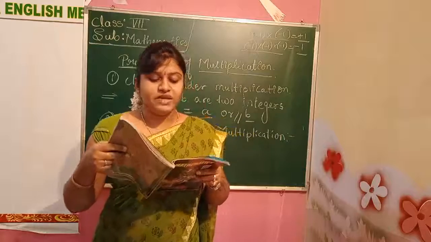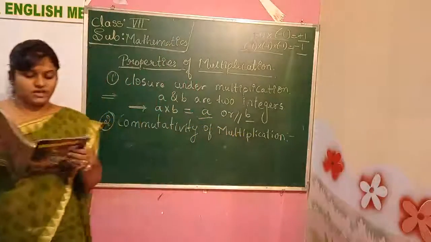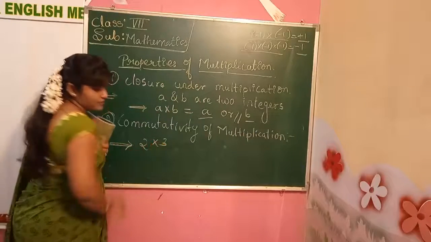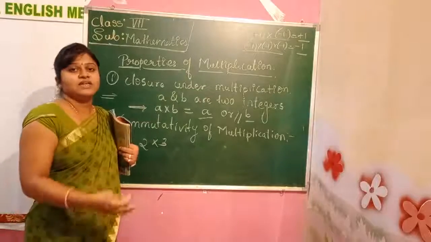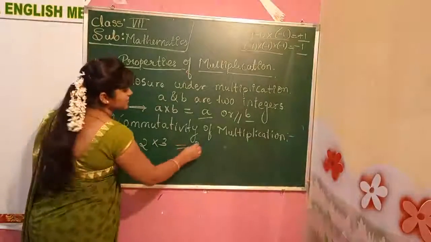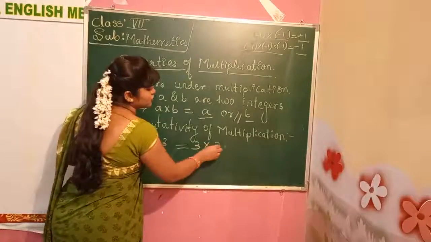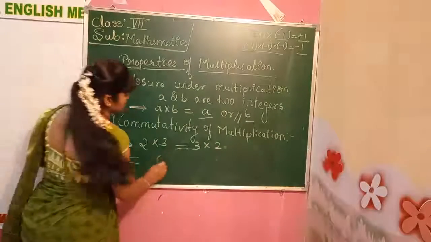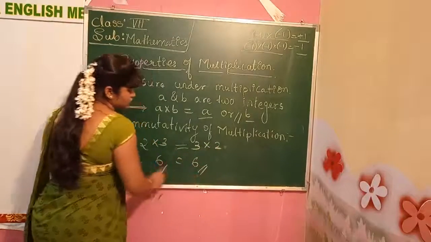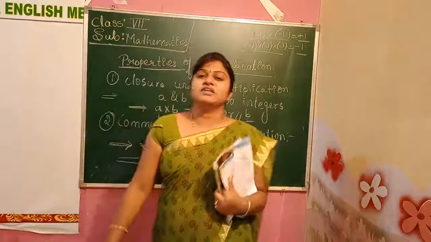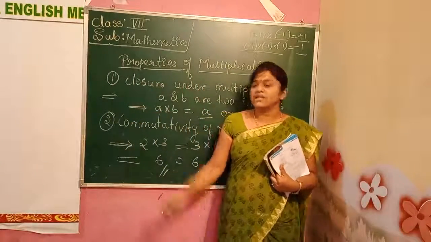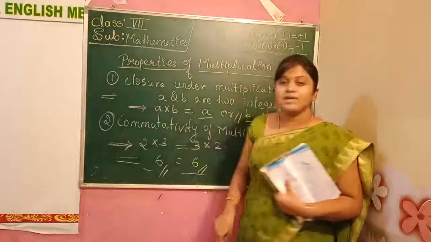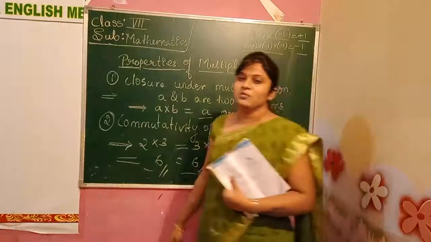But when we apply the commutative property, for example if we have 2 into 3, and we reverse the numbers, writing 3 first and 2 second, then 2 into 3 is 6 and 3 into 2 is 6. So the commutative property means that when we reverse the integers, we get the same answer.